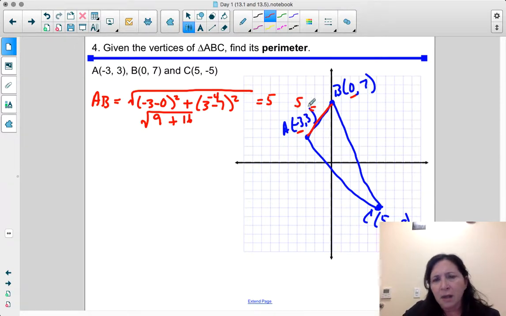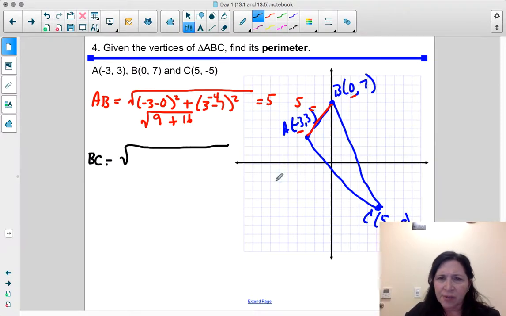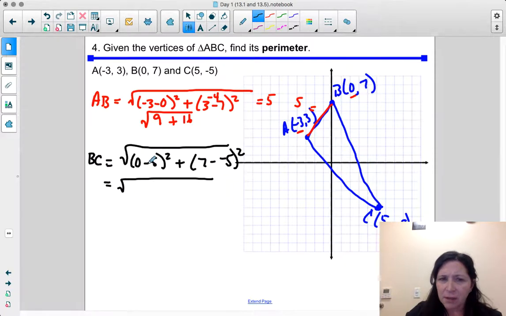Okay. For this side, we're going to use the distance formula again. So that's going to be BC. And so that's going to be the square root of the distance. So we're going to say parentheses, 0 minus 5, quantity squared, plus 7 minus negative 5, quantity squared. 0 minus 5 is negative 5.